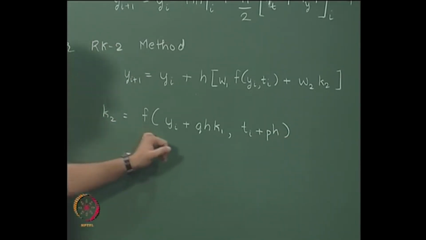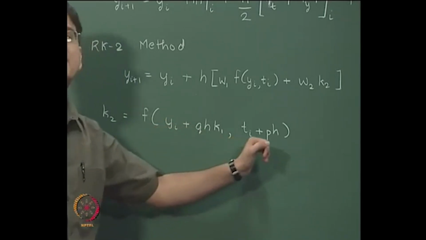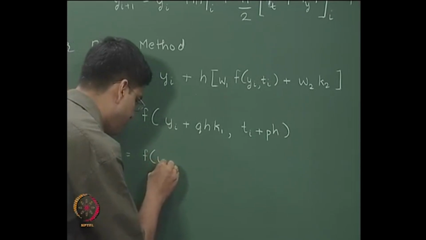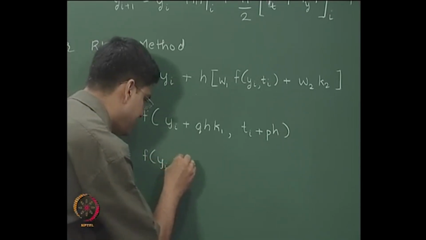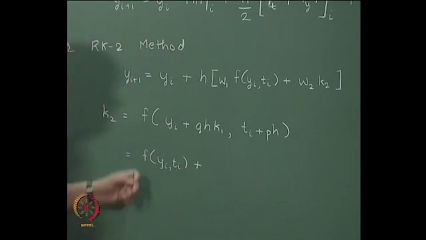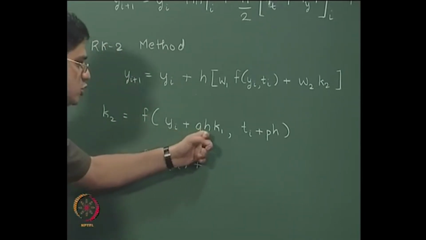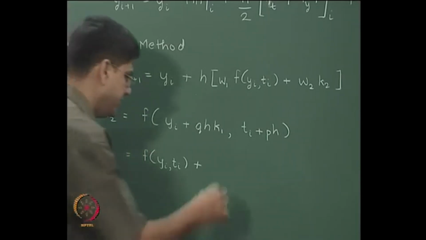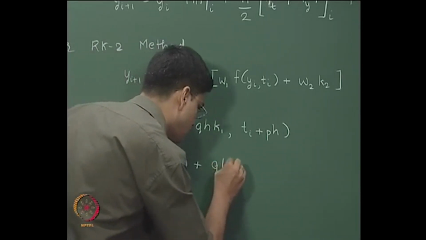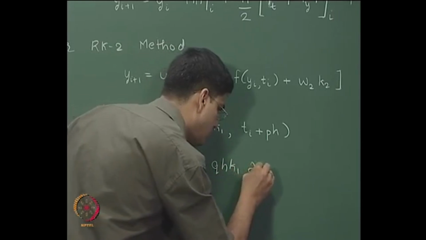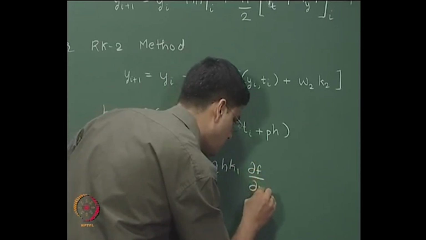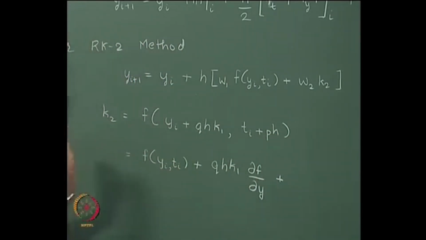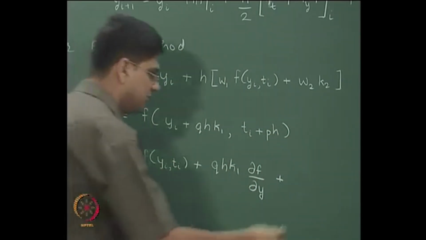Okay, now for this again we can use our Taylor series expansion, and of course the Taylor series expansion is going to be around f of y_i comma t_i. So this can be written as f of y_i comma t_i plus q h k1 multiplied by partial f by partial y plus ph multiplied by partial f by partial t.